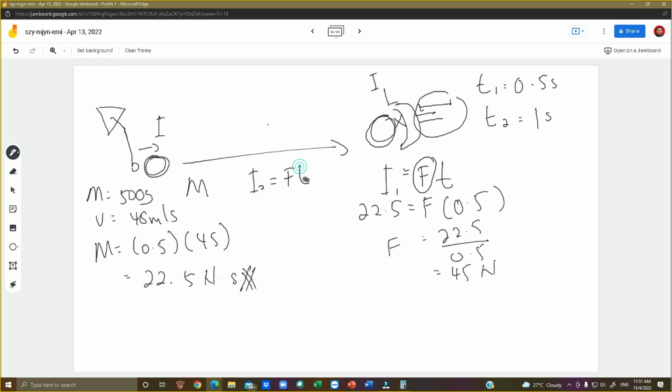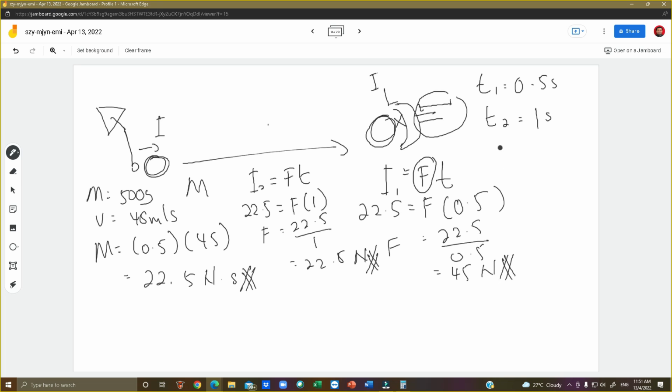I2 equals Ft. I is still the same, 22.5, and T now is 1. So F equals 22.5 divided by 1, which is 22.5 Newton. Now is the keeper's hand safe? Safe, because it is less than the limit.